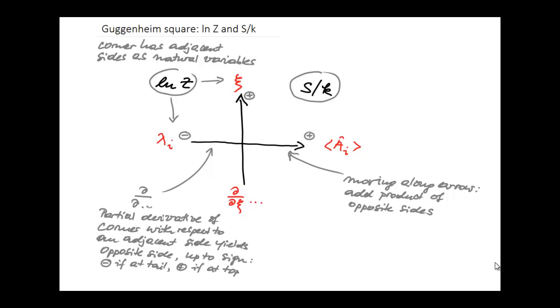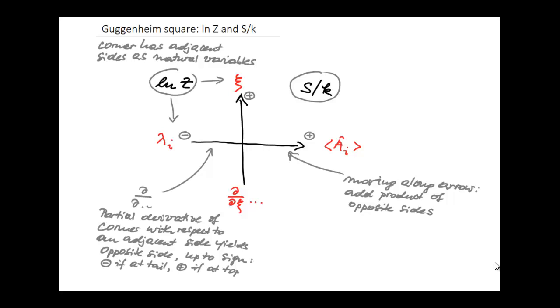And we learned that if, for example, you take the partial derivative of the log of the partition function with respect to its natural variable lambda, then you end up, up to a sign, on the other side of the square, which are the expectation values. So by taking the partial derivative with respect to a variable, you arrive at its conjugate variable.